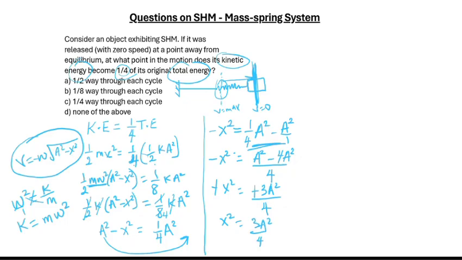Then I can say that x equals the square root of 3a squared over 4. The square root of a square is a, the square root of 4 is 2, and root 3 remains the same. So x is a root 3 over 2 of a. Now we haven't finished our answer because our answer is in terms of amplitude, but they say in terms of cycle.